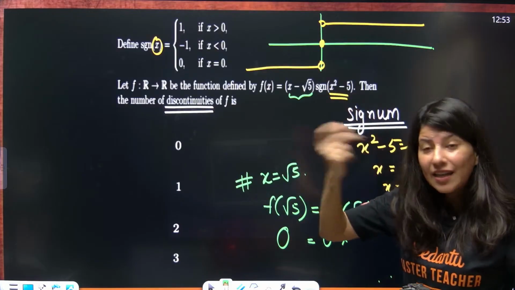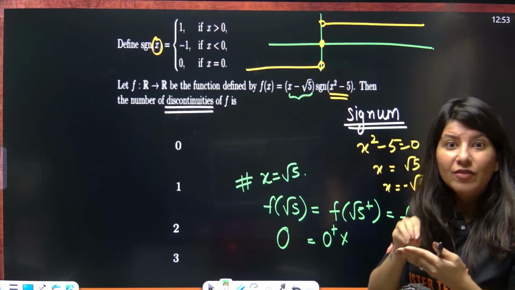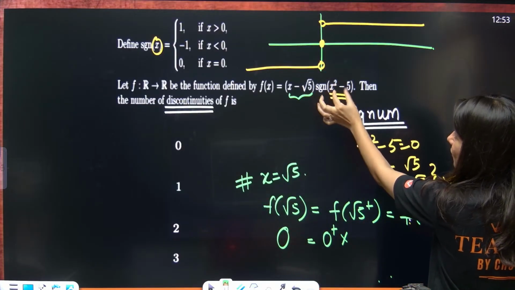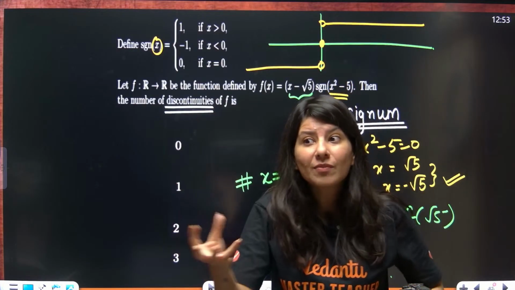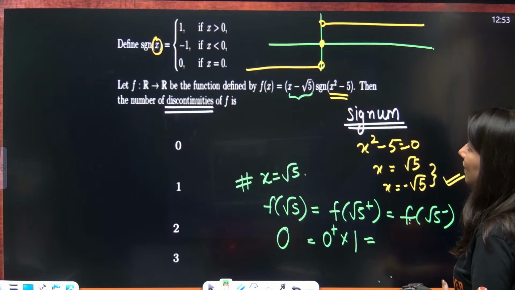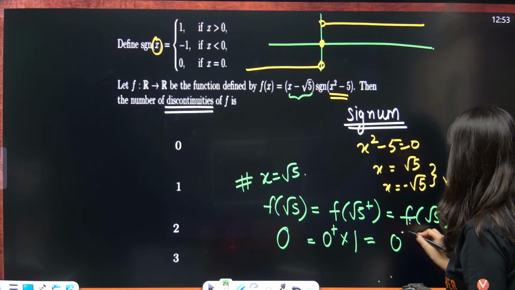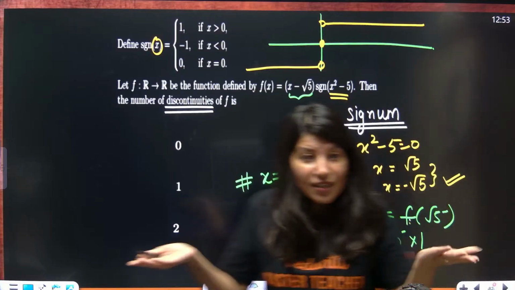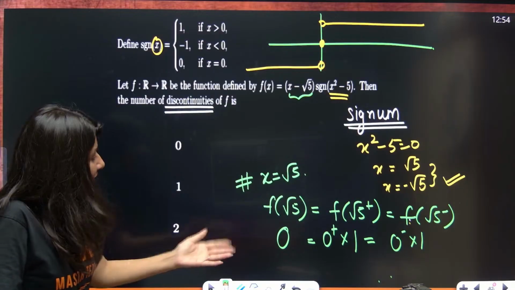Root 5 square will give you 5 point something, because you're putting a slightly greater number. 5 point something minus 5 is 0 point something. Now signum of 0 point something, signum of any positive quantity will give you 1. And the factor behind it is 0, and 0 multiplied by anything will be 0. So at root 5 it is coming out as continuous.